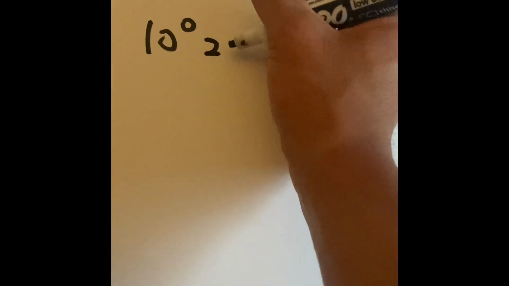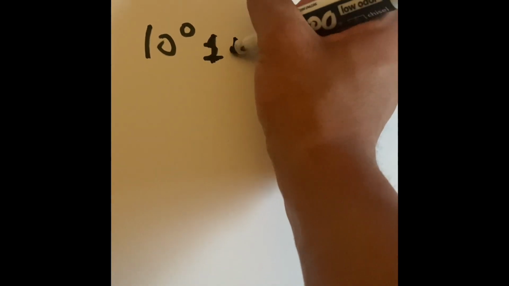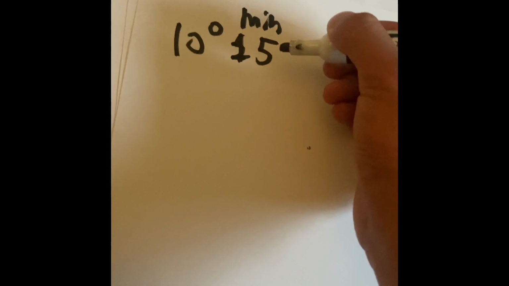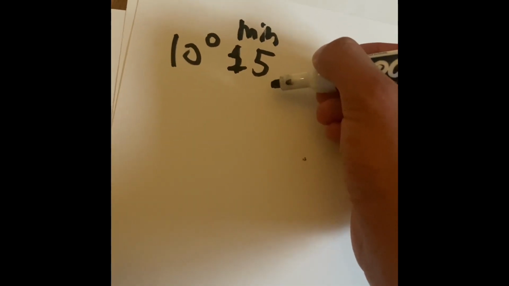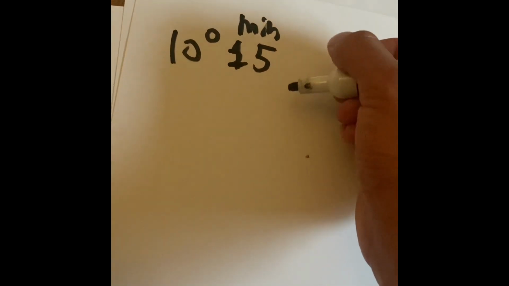So imagine this time we have a clock that makes up an angle that's 10 degrees with its hands, and it has 15 minutes. What we want to do is leave the number of degrees. What we have to actually deal with is the measurement of the time. We have to turn it into a fraction.